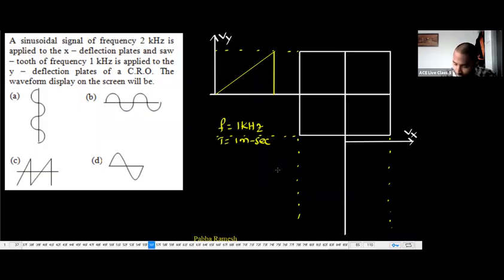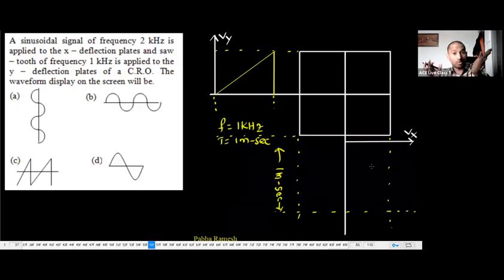Sir, here also, what is the time period? 1 millisecond time period I'm taking here. But concentrate. This is the 1 millisecond of time period, for example. Here 1 millisecond and here also 1 milli. That only we can combine. I told you already, frequency must be same for 0, 90, 180.